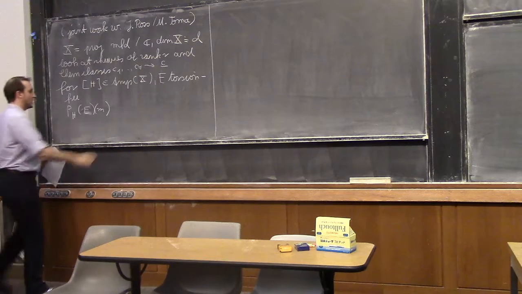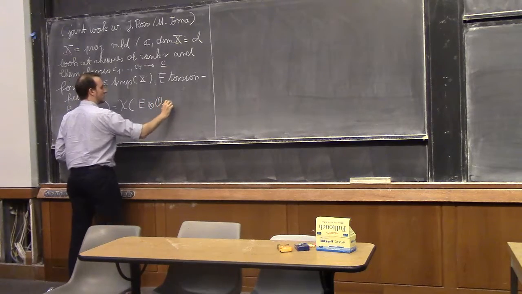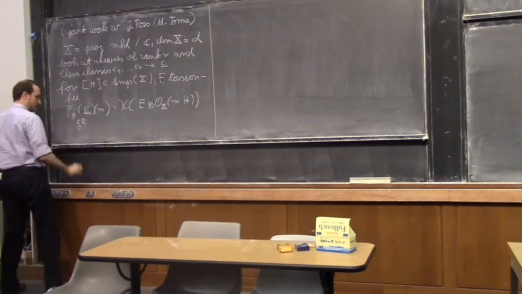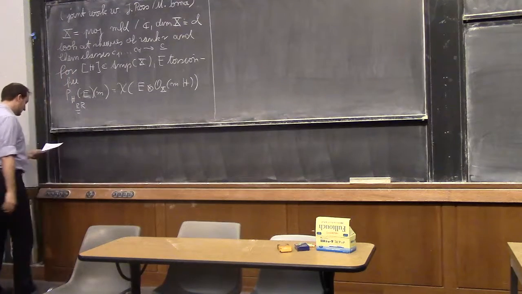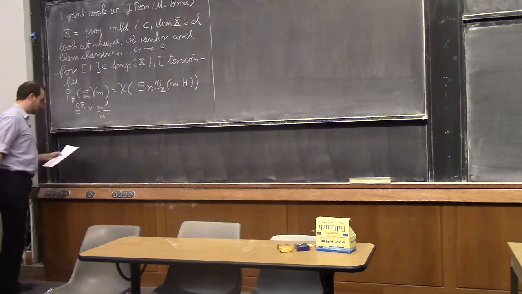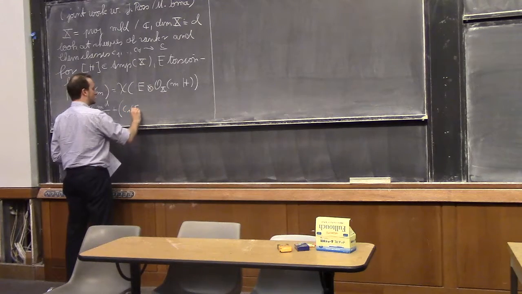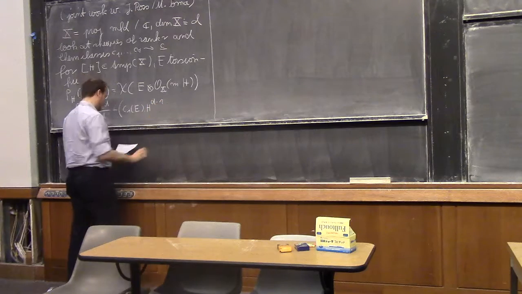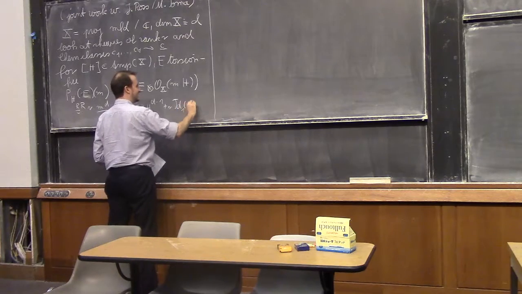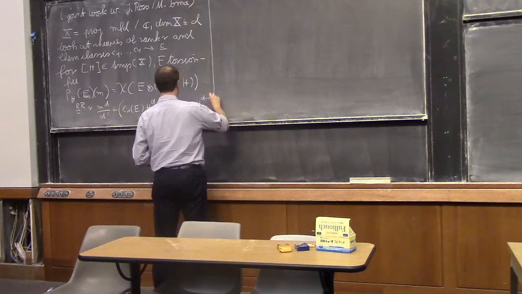Just to remind you, this is chi of E tensor O_X(mH), and by Riemann-Roch it starts with the rank times m^d over d factorial, plus, let me write one more term, c_1(E) times H^(d-1) plus r times the td_1 of X times H^(d-1).